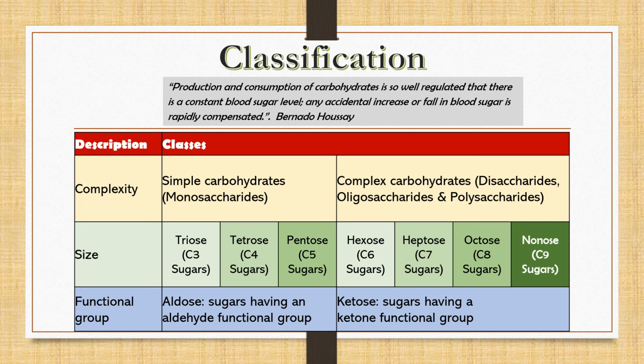The monosaccharides are the simplest sugars, consisting of a single polyhydroxy aldehyde or ketone group that cannot be hydrolyzed or broken down into smaller units under reasonably mild conditions. They serve as the building blocks for the more complex sugars.